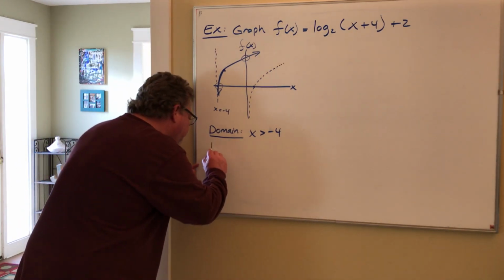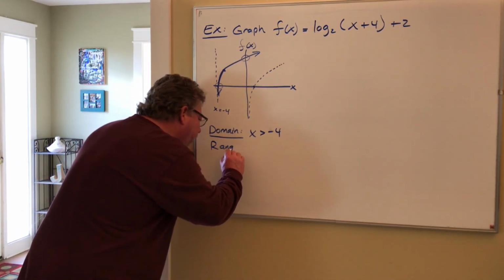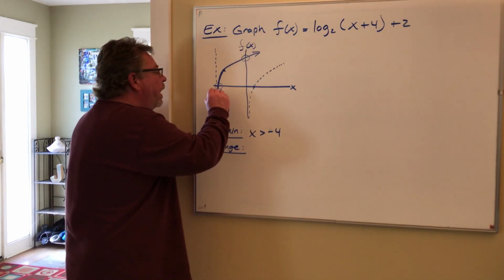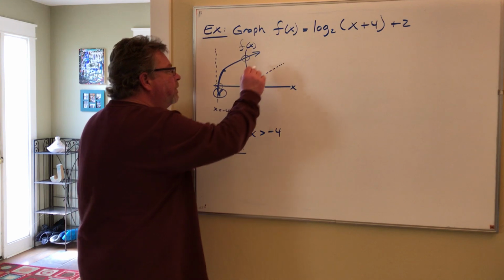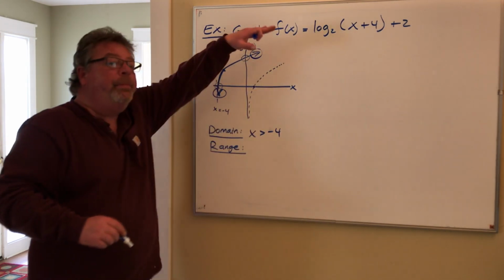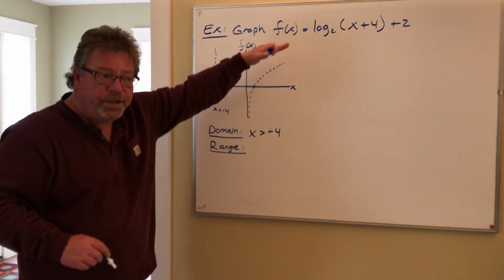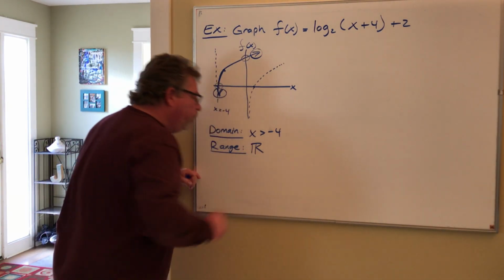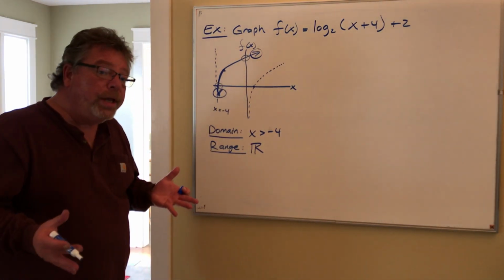And the range here is fairly straightforward. This guy is going to go down to negative infinity, and go up to positive infinity because it's increasing throughout its domain. And so I'm going to argue that the range for this function is all reals.